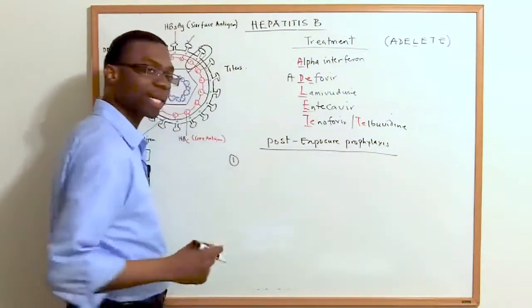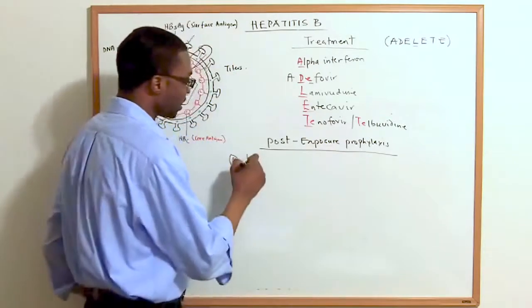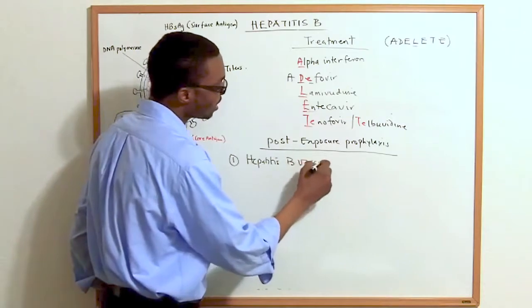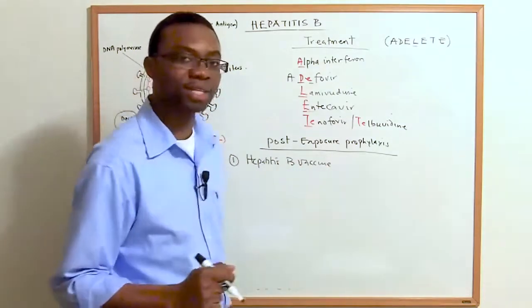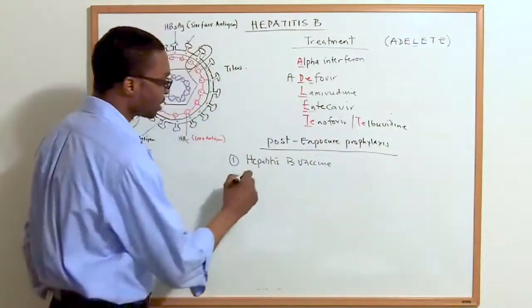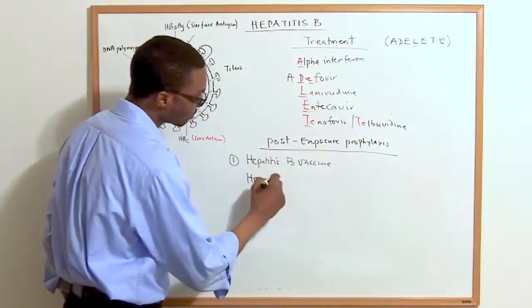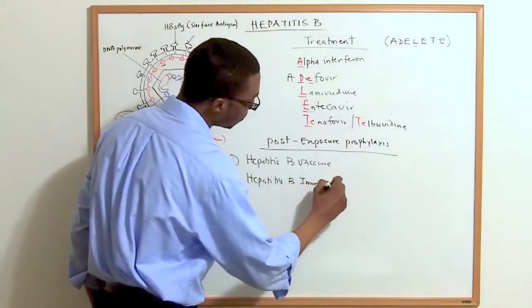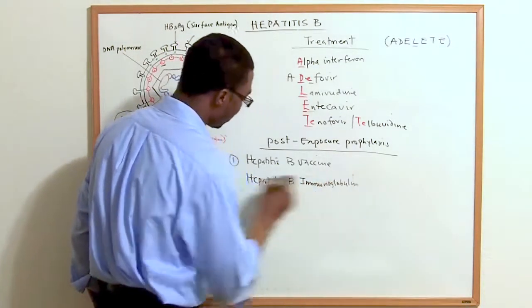And what do you give? If somebody gets exposed, they get a needle, they get the hepatitis B vaccine, so they can make antibodies against the virus, and they need to get the hepatitis B immunoglobulin. There we go.